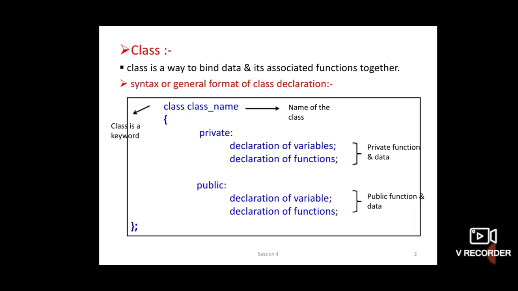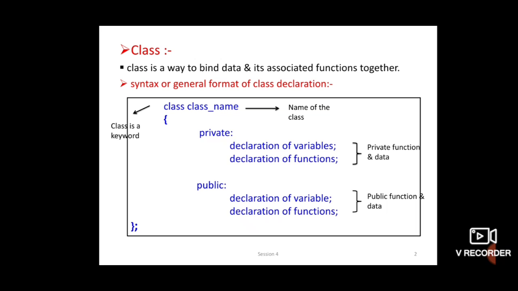It hides data from external use. It is a key feature of object-oriented programming language. Whatever is declared under the private access specifier, those variables and functions can't be accessed by other functions, meaning it hides data from external use.